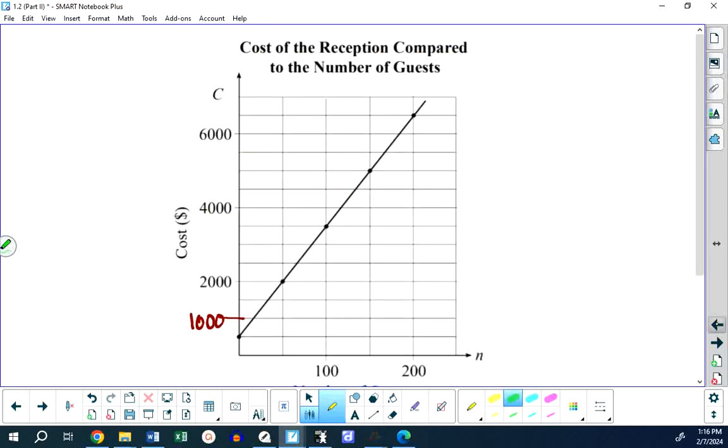Well, you know how to find the slope. Pick 2 points. Y minus y over x minus x. It doesn't matter which points you pick, everybody. And you can choose the points I'm choosing, or you can choose 2 other points, as long as you can read them correctly.